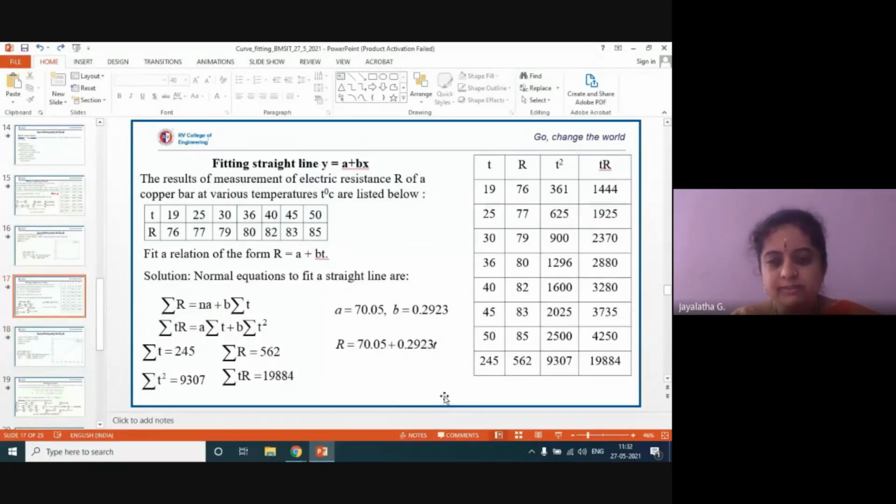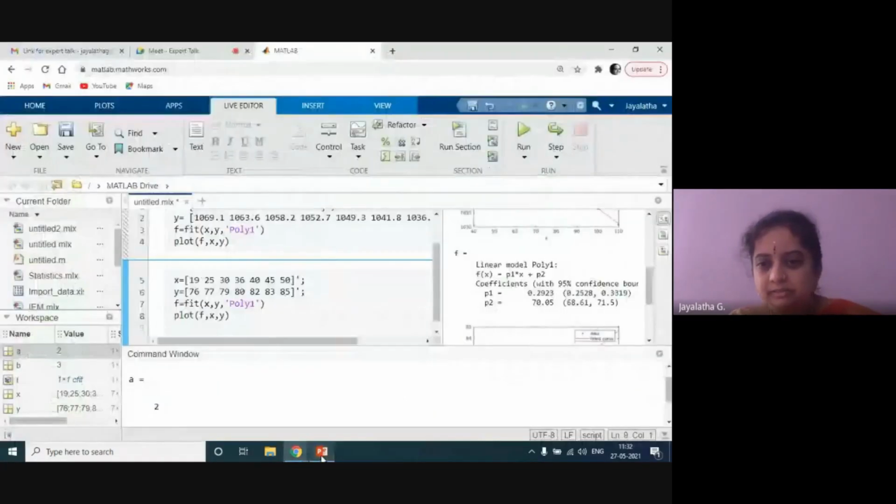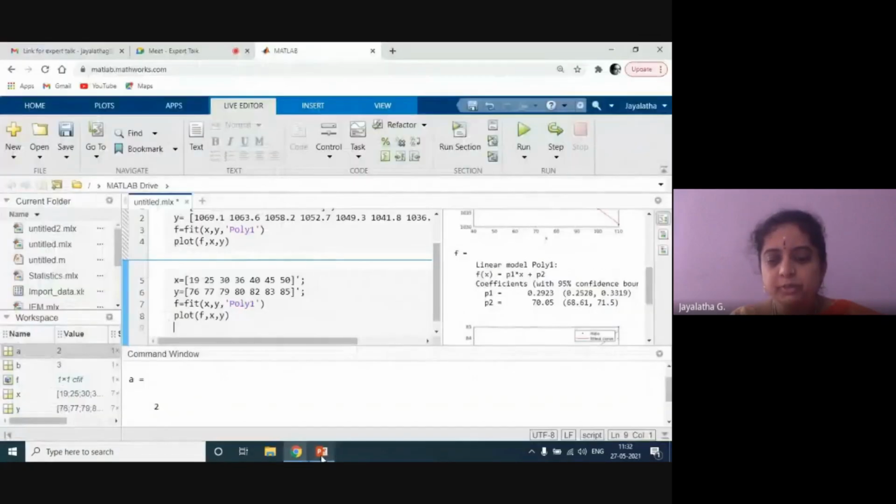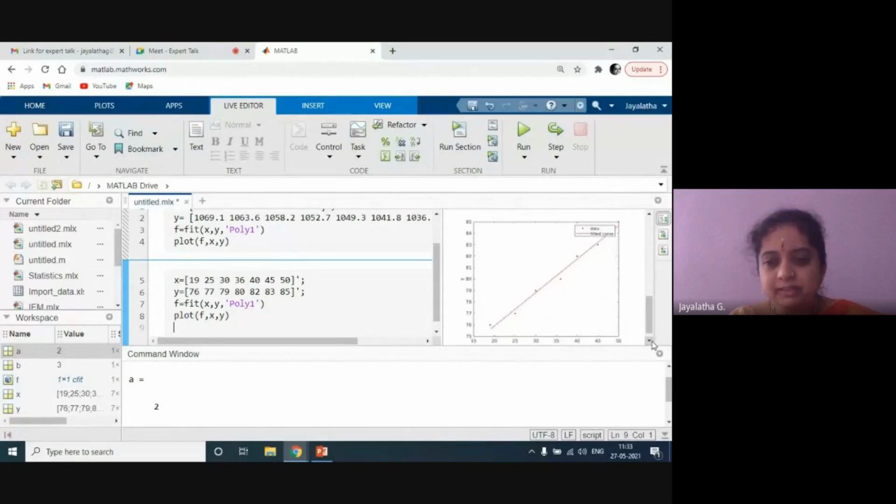We'll just cross verify. Yes. 70.05, 0.2923 by manual calculation. And here using the software, we have got the same values, right? P1 and P2. It fits the curve of the form P1x plus P2. And this is the graph.